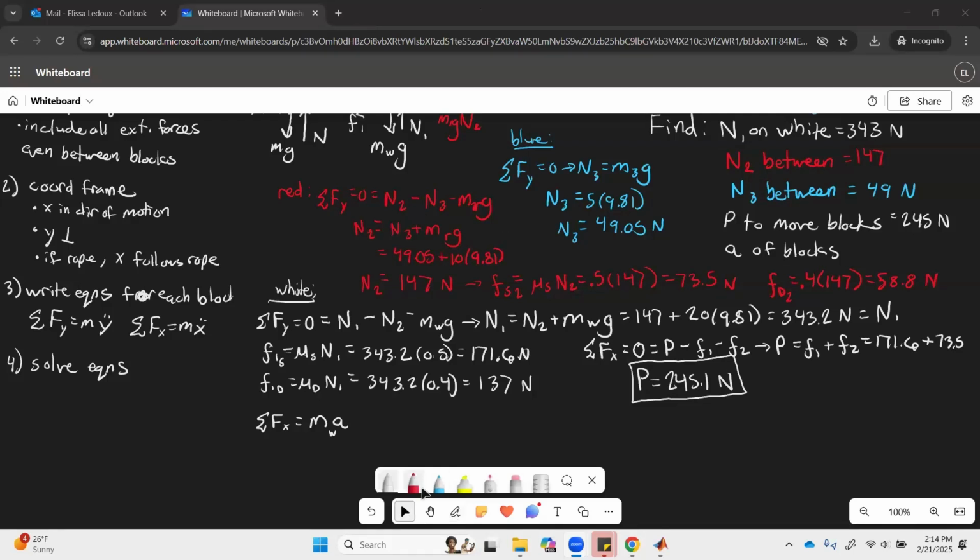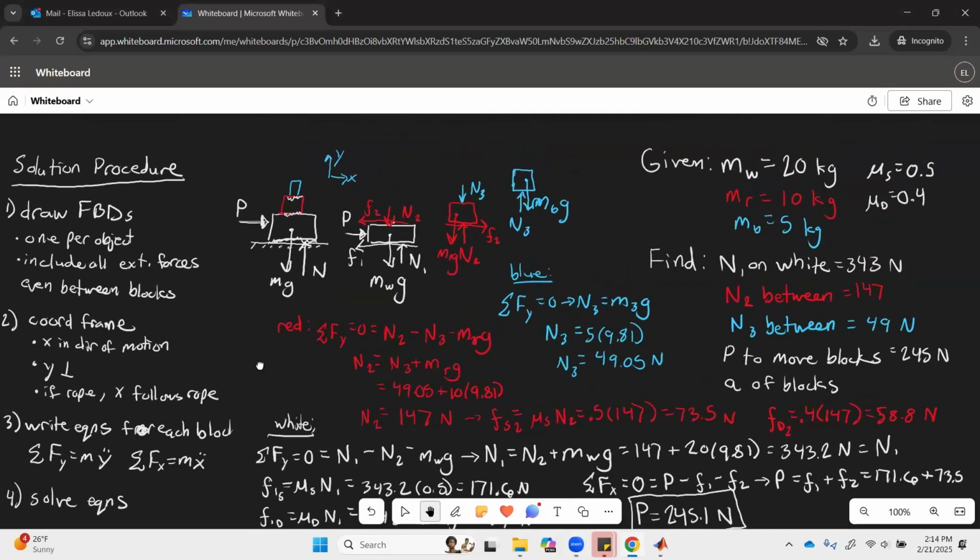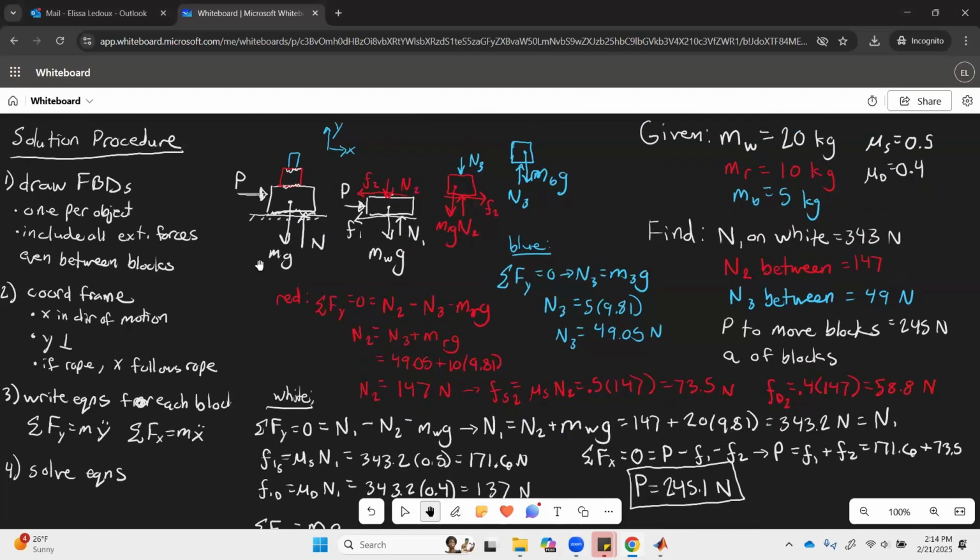So let's scroll back up and look at it. Okay. So if just the white block is moving, then we have to account for F2 and F1 both. If all the blocks are moving as one giant lump, then we would only include F1.